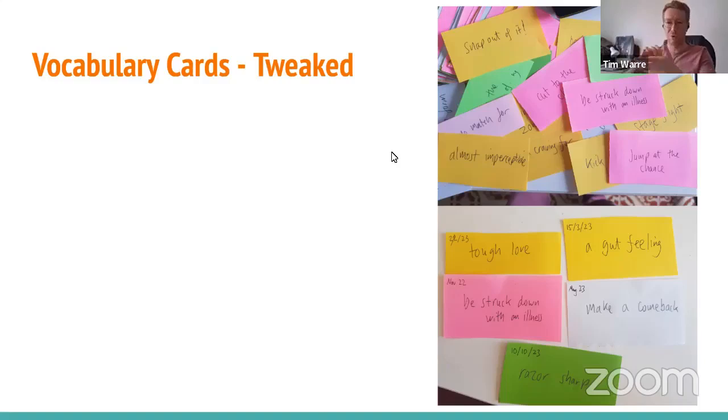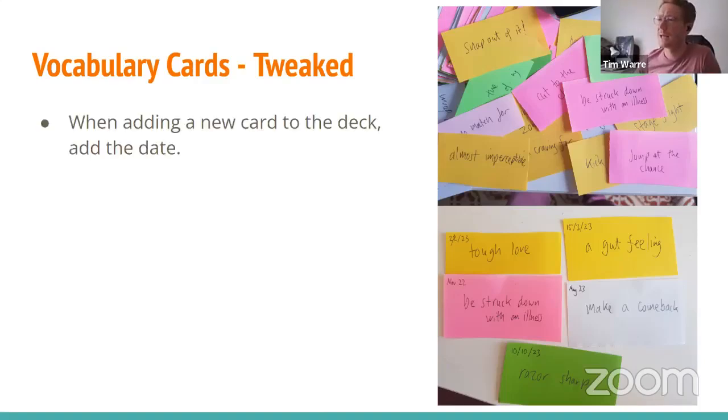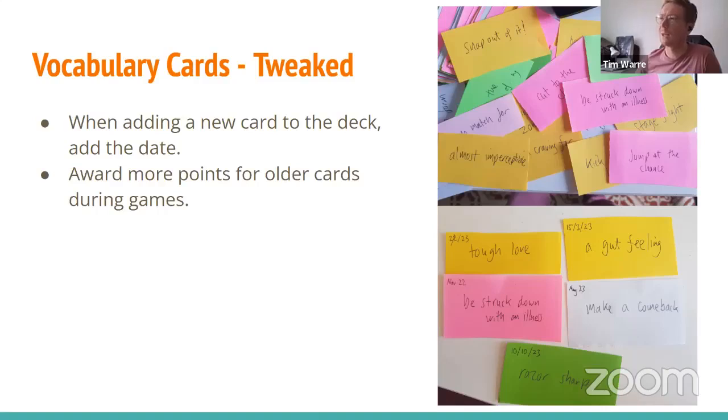Anytime you're writing one of these cards out with some language that came up in class, or getting your students to write these cards, add the date. Then when they're playing games like Heads Up, where they put the cards on their forehead and the partners describe it to them, you can say you get 3 points if it's one from November, or 4 points if it's one from September.